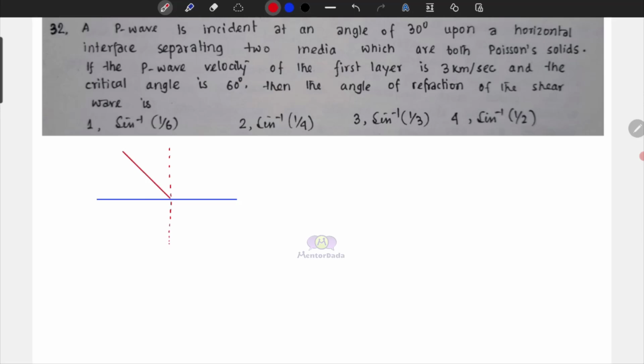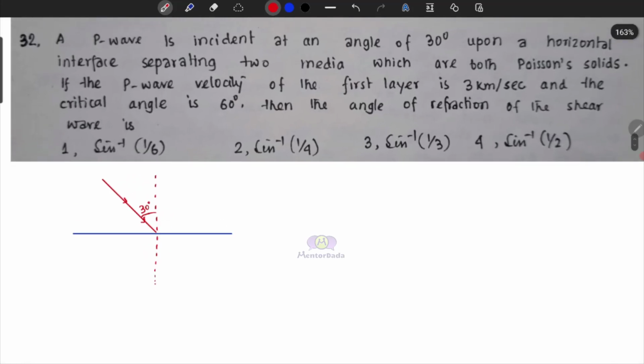A P wave is incident at an angle of 30 degrees, and this P wave creates two refracted components, one P and another S. Suppose this is the P wave and this is the S wave.